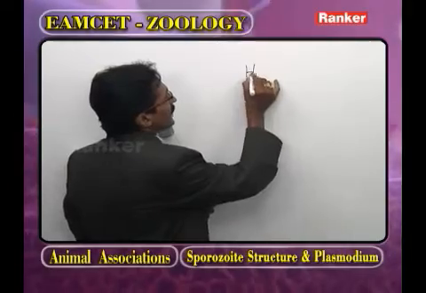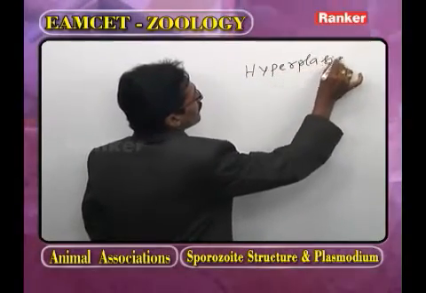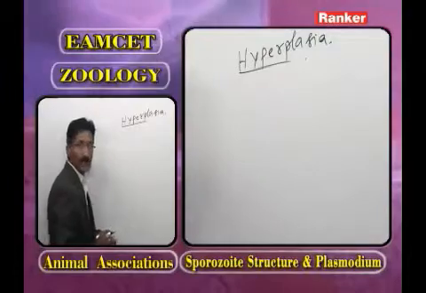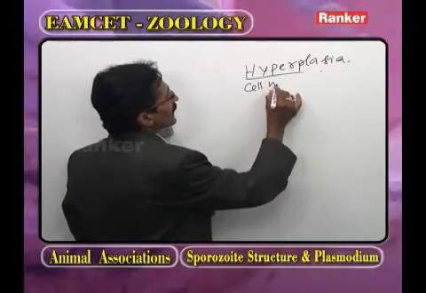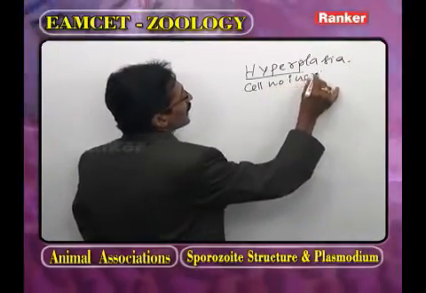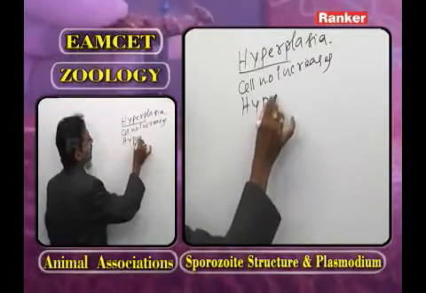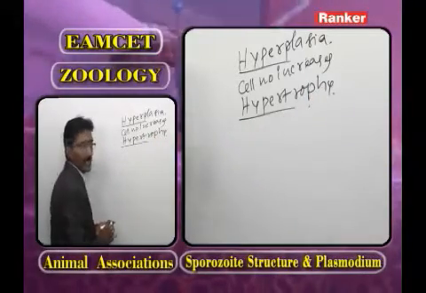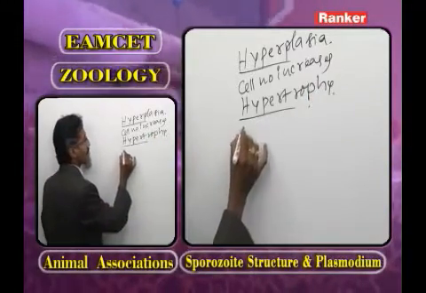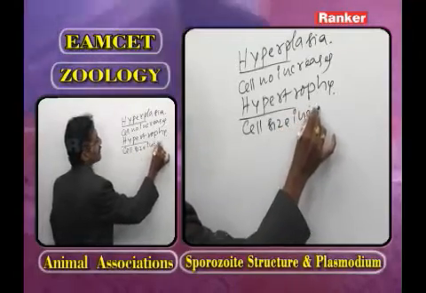One we call hyperplasia. What is meant by hyperplasia? Because of the parasite in the host body, the cell number increases. What is meant by hypertrophy? Because of the parasite in the host body, the cell size increases.